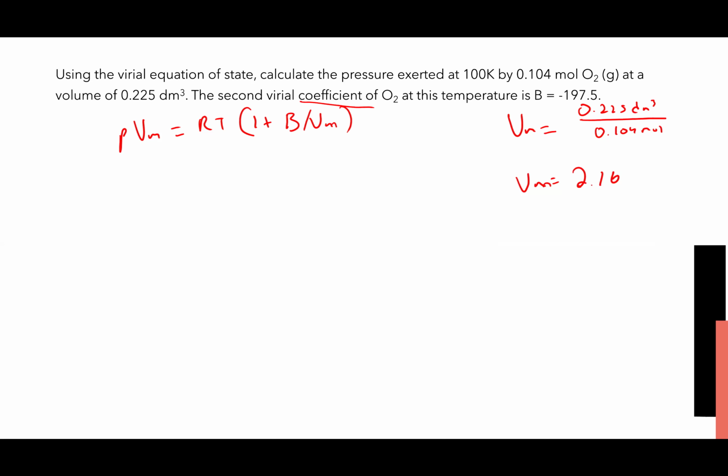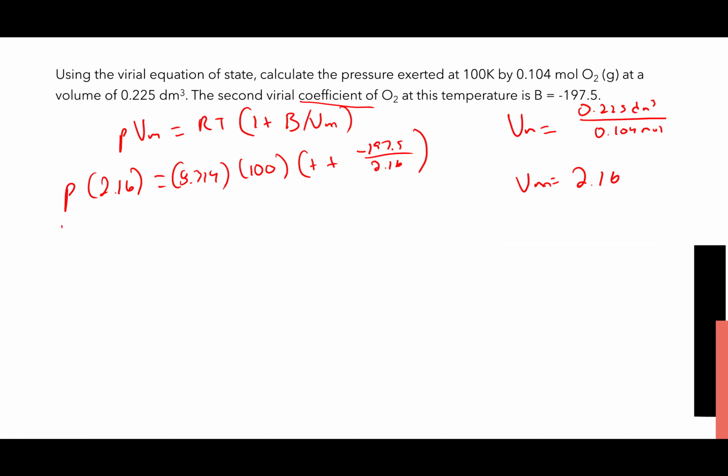So our P times 2.16 equals R, which is still 8.314, times the temperature in Kelvin, 100, times 1 plus negative 197.5, the value of B, divided by 2.16, the value of the molar volume.